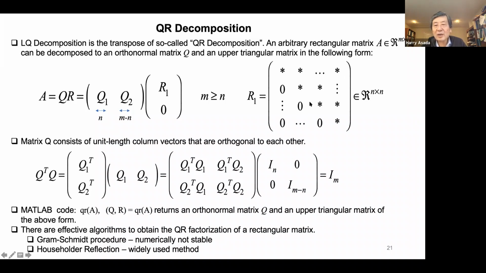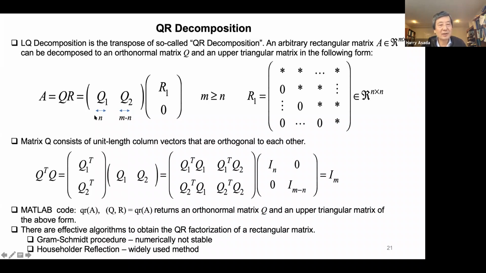So this is an upper triangular matrix, that's R1, and Q1, Q2 are basically forming orthogonal matrices with unit vectors. So this is kind of a coordinate transformation, okay? Every single row and column vector involved here has a unit length and they are orthogonal to each other.